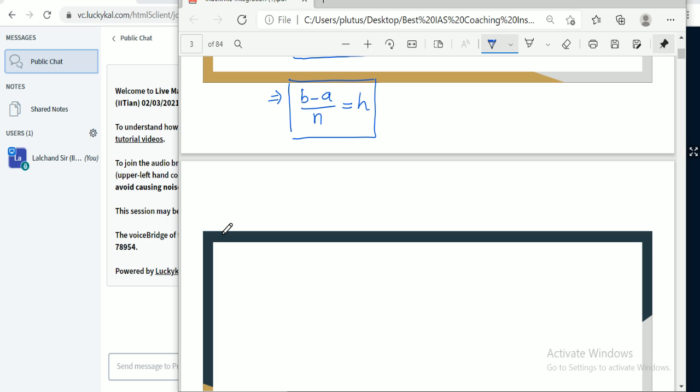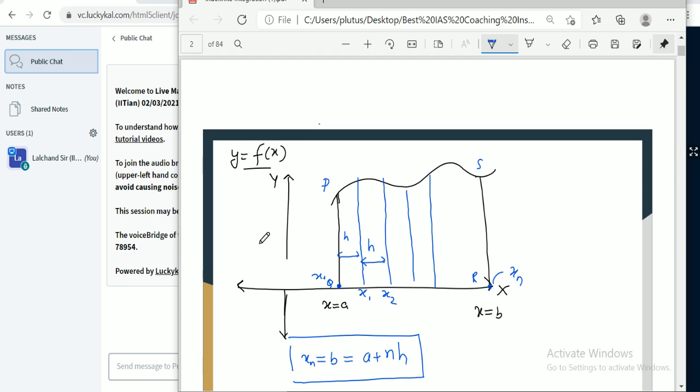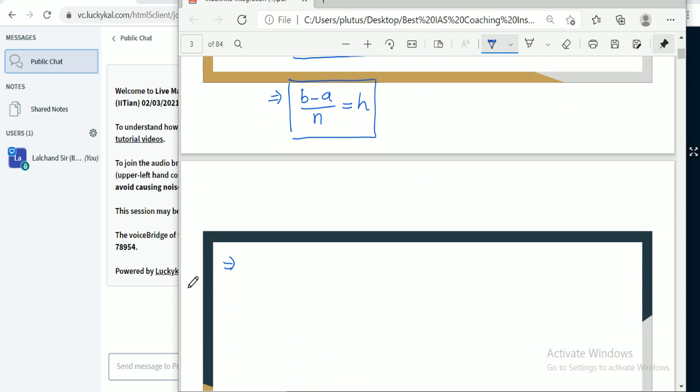If the strip is very narrow, we can consider it equivalent to a rectangle, with this width and this height. So we can write the area of the first strip as h into f(a).